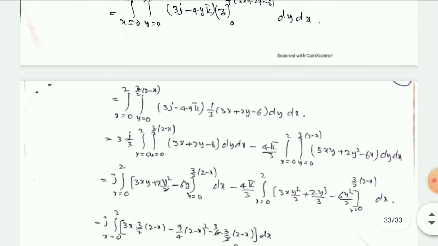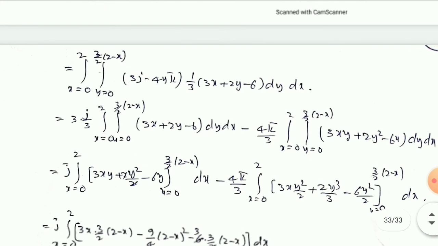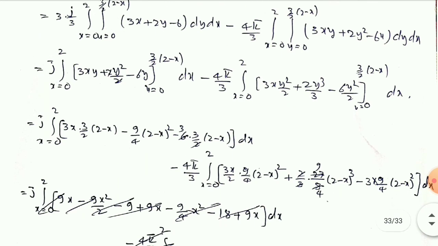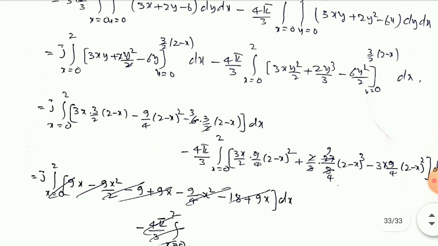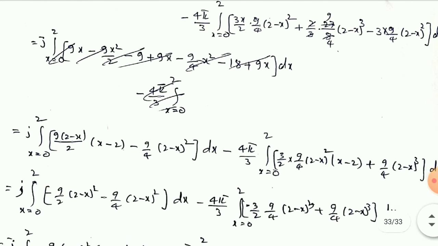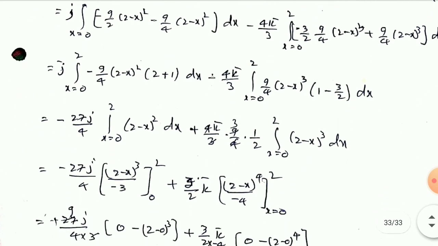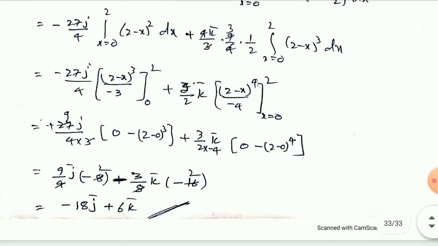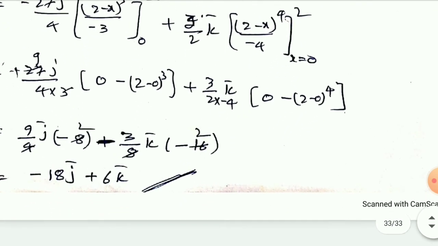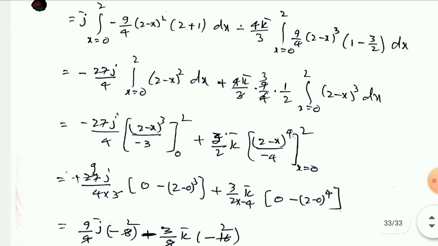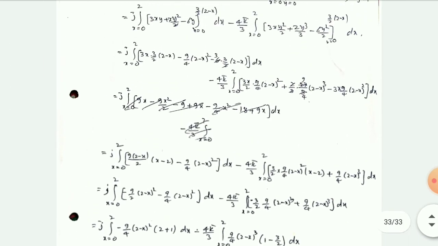Then, on making the simplification, move to y integration, and do the simplification first. After that, you apply x integration, and finally you get the answer minus 18j plus 6k. That's only the integration part.